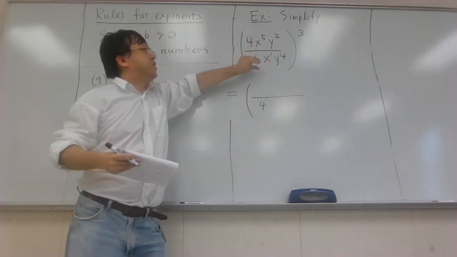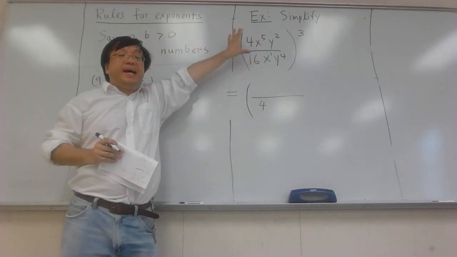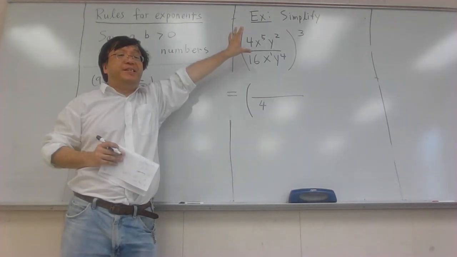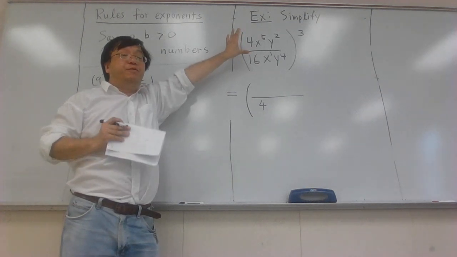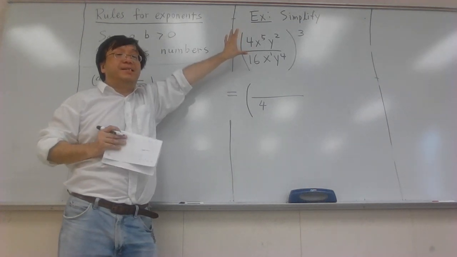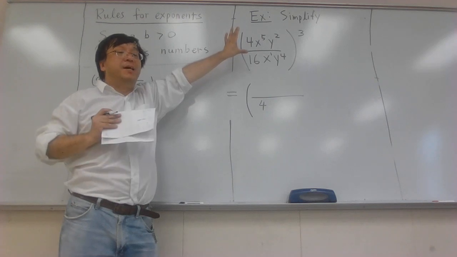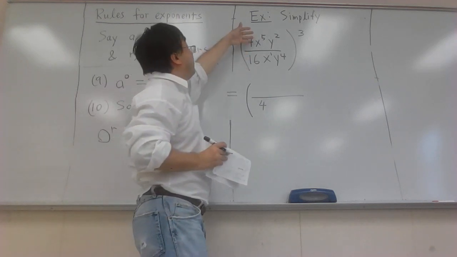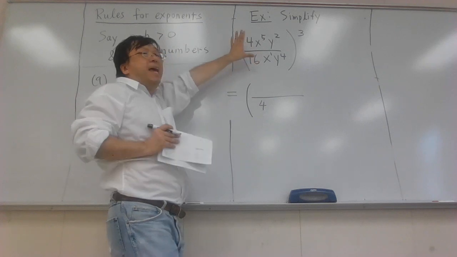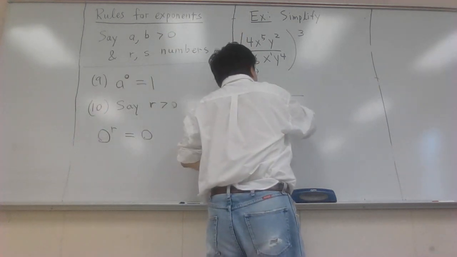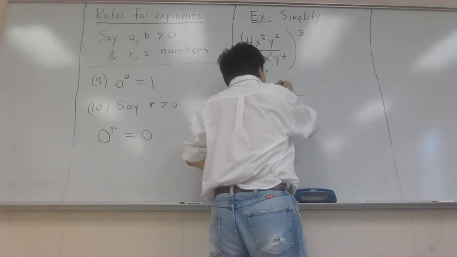That's dividing 2 exponents of the same base, and if you divide 2 exponents of the same base, that's the same as subtracting the powers. So we get x to the power of 5 minus 1 on the top.